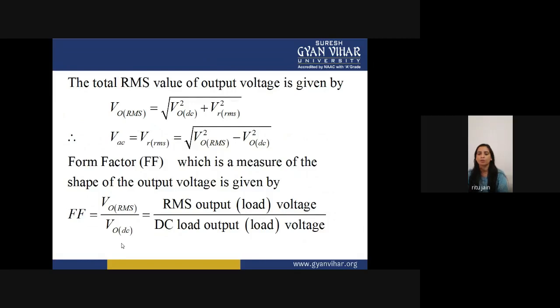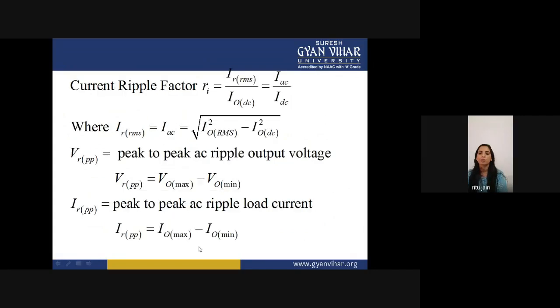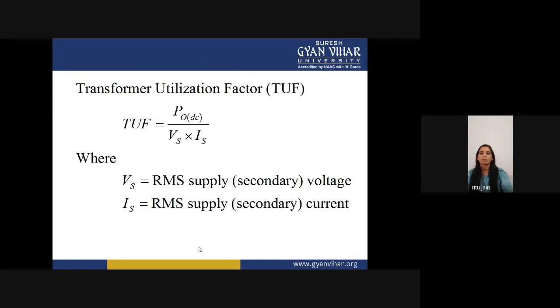Form factor formula, V naught RMS upon V naught DC. Next one is your ripple factor. So if anyone asks you to write the formula of ripple factor in terms of form factor, you can write this formula. RV is equal to root of FF square minus 1, and this is your peak to peak AC ripple load current. So peak to peak AC ripple load current is equal to I RTP is equal to I naught max minus I naught min.